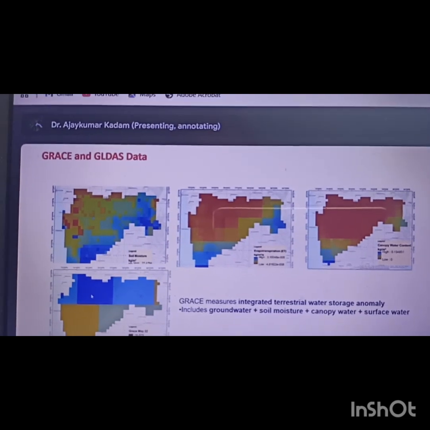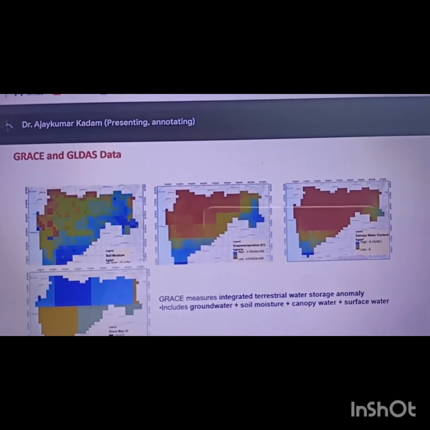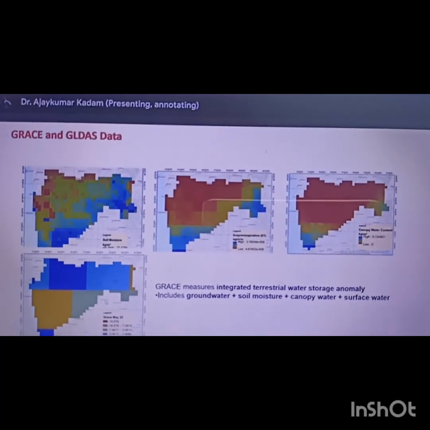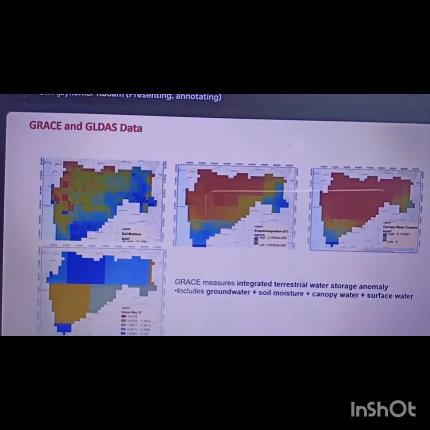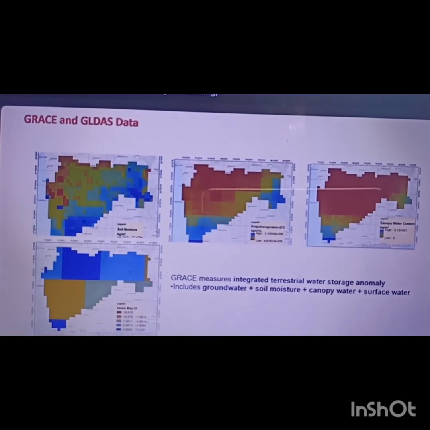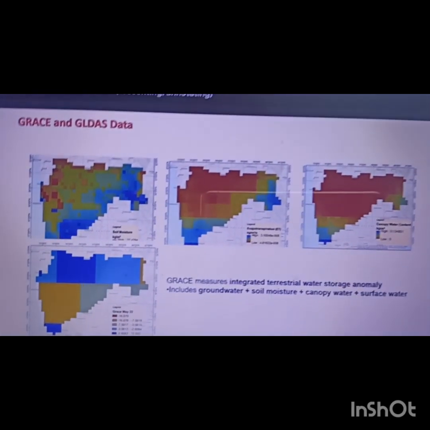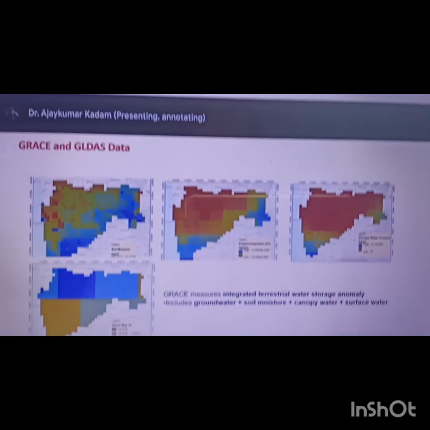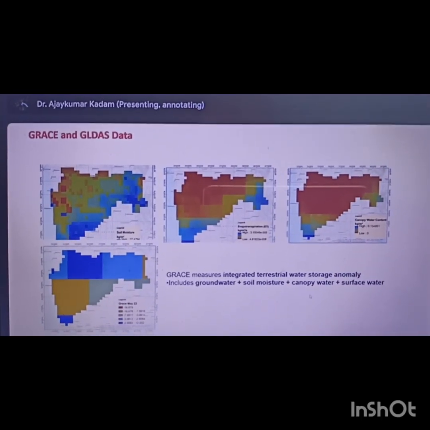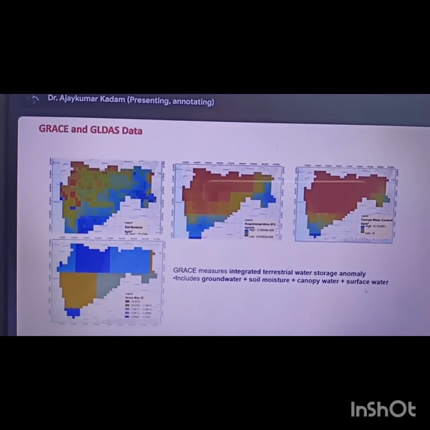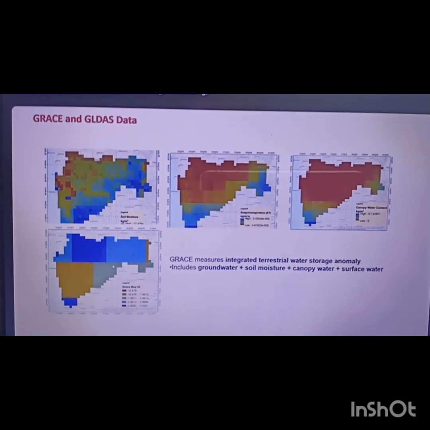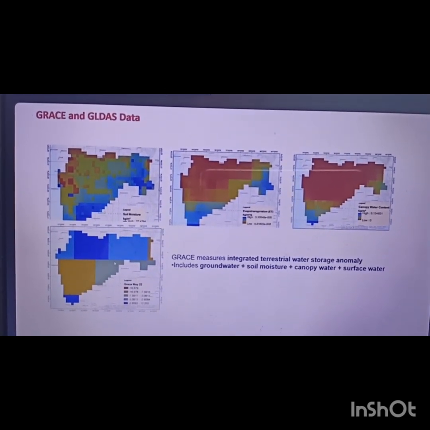It is coarser resolution data, so we get how much the changes in the groundwater storage will be, and this groundwater storage will be measured as TWS, that is total water storage, which is groundwater plus soil moisture plus canopy water plus surface water. Total water storage minus the GRACE water, so you will get the storage anomaly in that area.